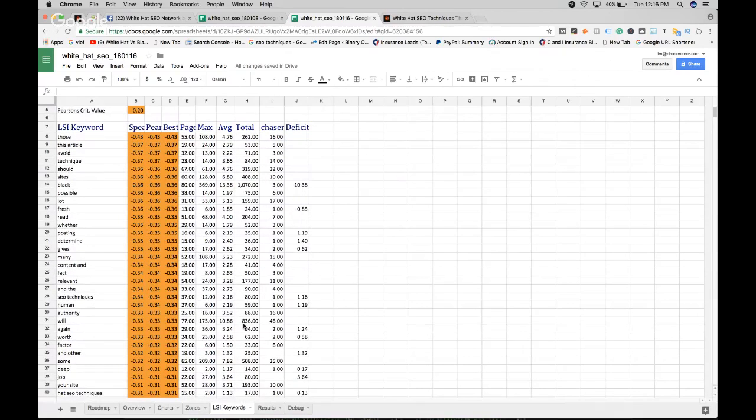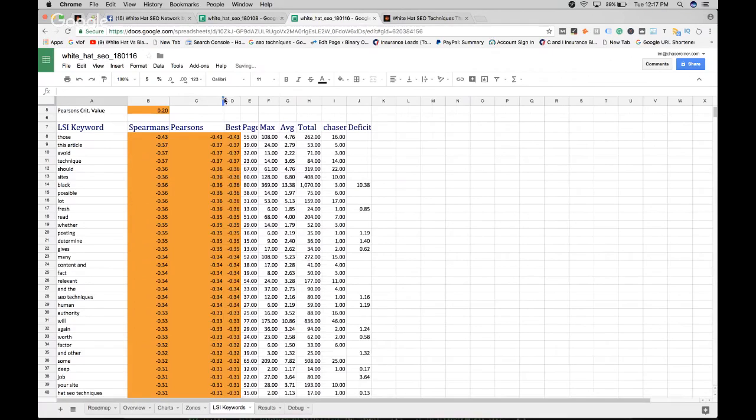And then the LSI keywords. Up at the top, we have the typical LSI data points: the number of pages that had the word, the maximum number of occurrences on a single page for those pages that had it, the average occurrences on a page for the pages that had it, and the total number of occurrences.